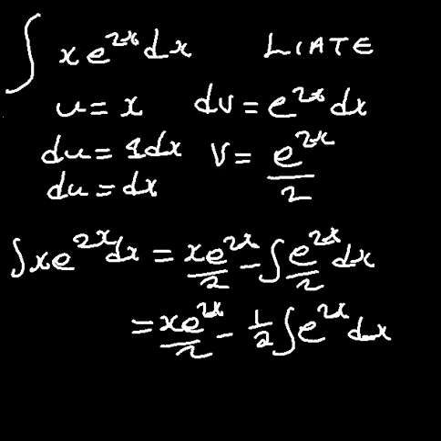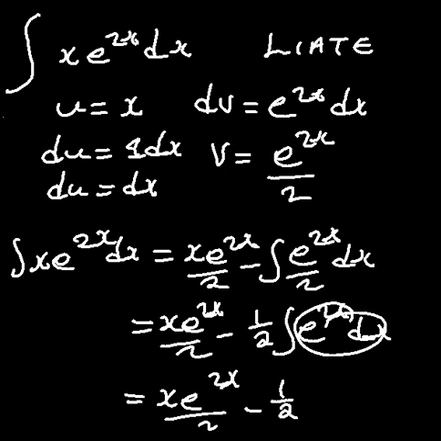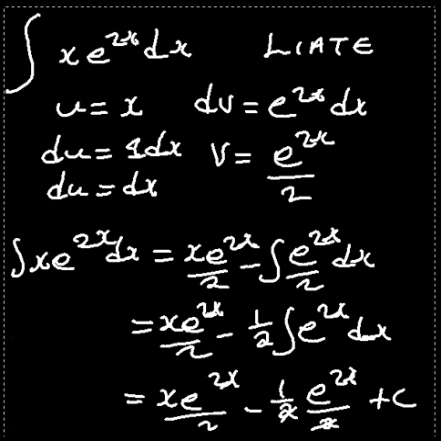Now we can take the direct integral of this. That will be x e to the power 2x over 2 minus 1 over 2 times the integral, which is the same function divided by the derivative of the power, plus c. So this and this will multiply. Keep that in mind. That's how we can have it.